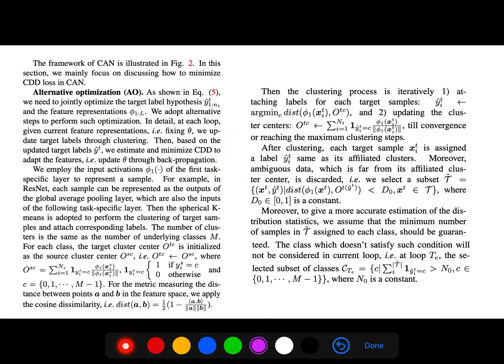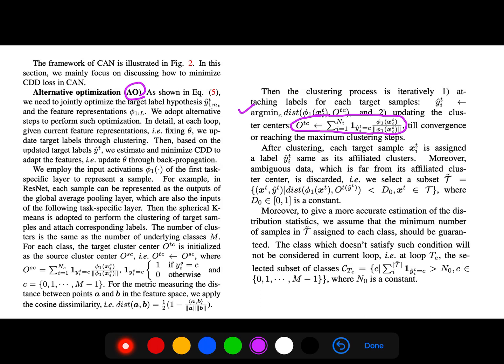And they use this alternating optimization to deal with this situation. So iteratively, the clustering process is attaching labels for each target sample, and then we are updating the cluster centers, till convergence or reaching the maximum clustering steps, because time is limited.